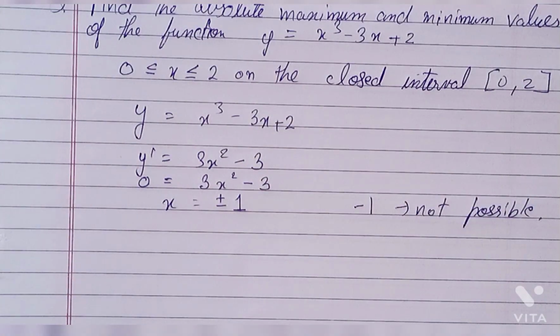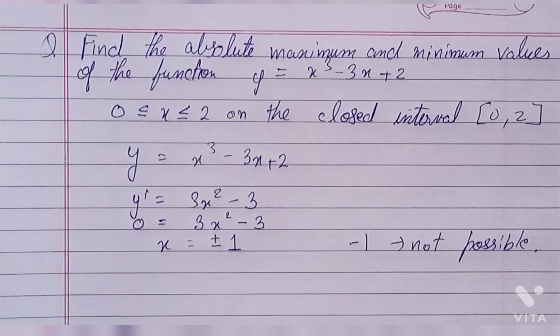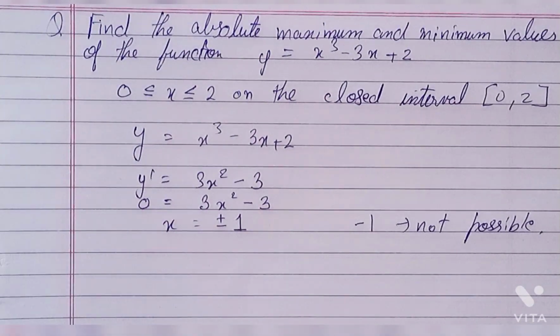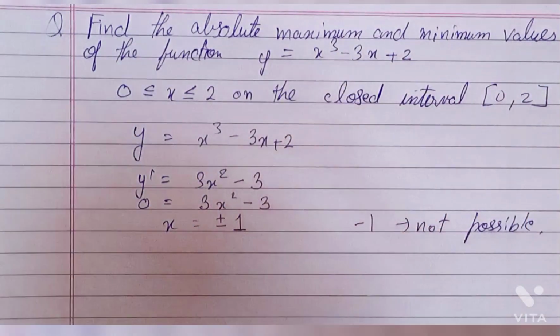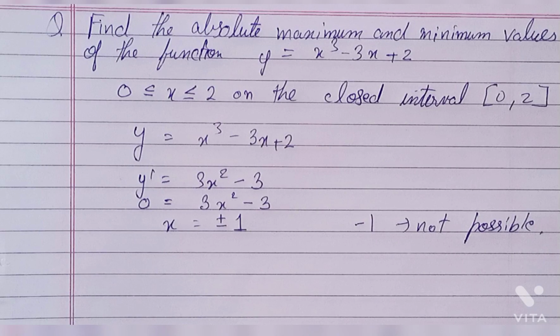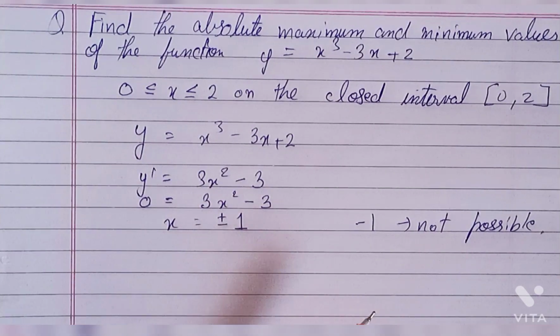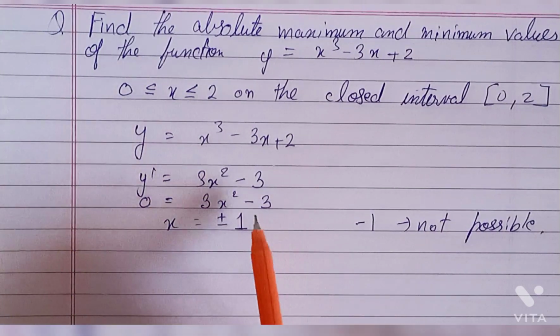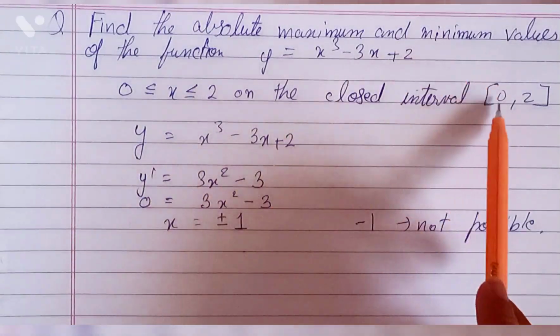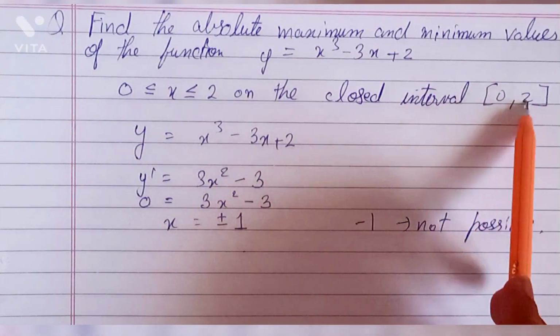Now in this type of question, to find the absolute maximum, the first thing is to find all the local maximum and minimum, and then we'll find the absolute maximum and minimum. In this type of question, you will find the maximum and minimum at the turning points as well as the end points.